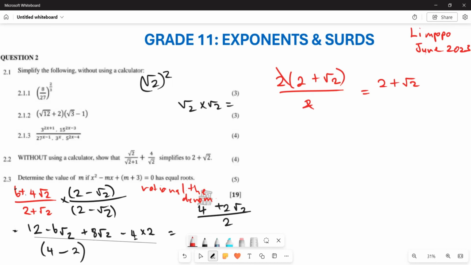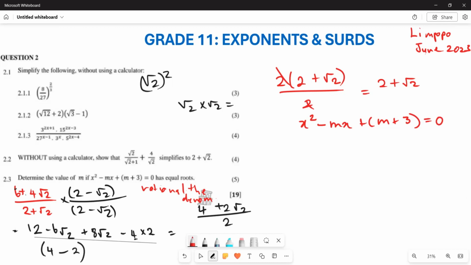Now, I think we need to firstly understand what is going on. This is the same as x squared subtract mx plus open bracket m plus 3 close bracket is equal to 0, has equal roots.